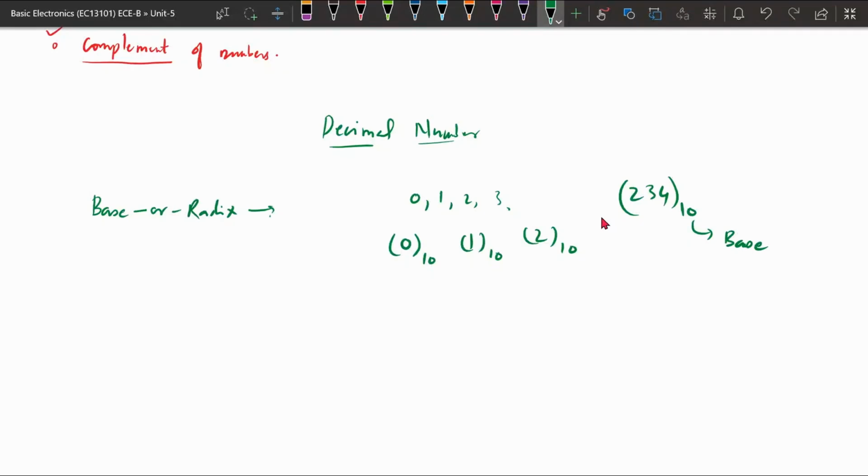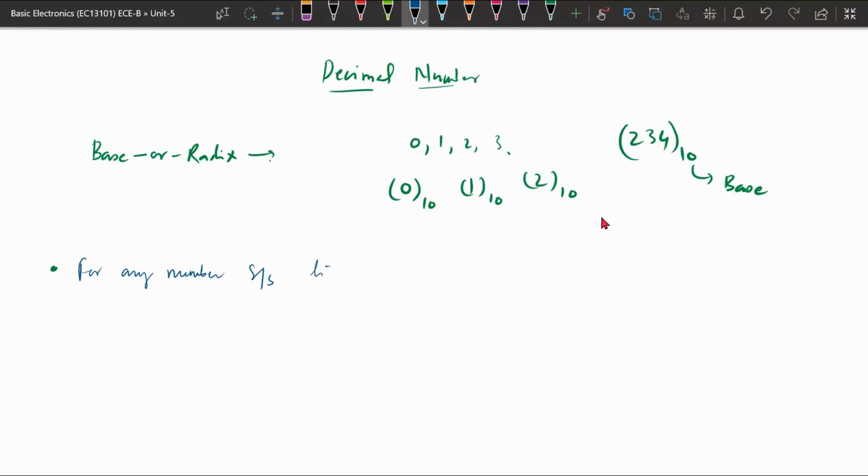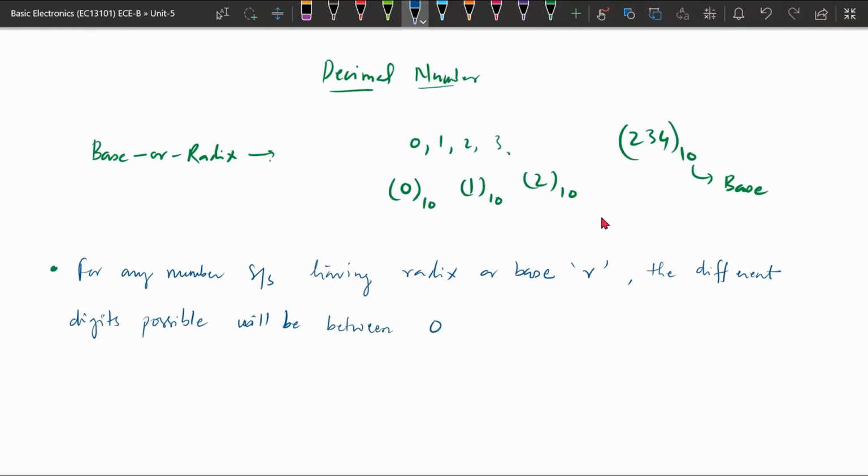Now let us see how this base is related. For any number system having radix, or base, r, the different digits possible will be between 0 and r minus 1.